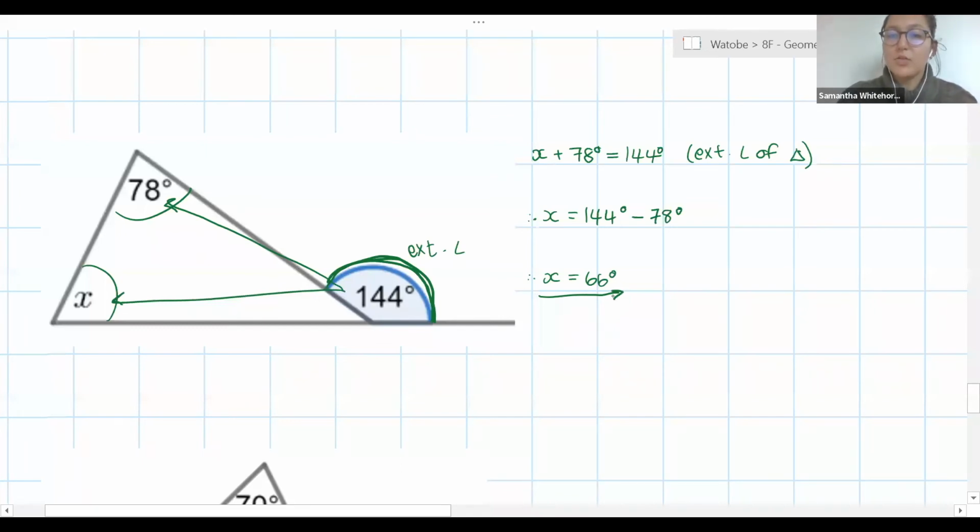Now remember, you can always double check yourself. If you put 66 back in there and you add 66 and 78, we want to get back to 144. And we do get back to 144. So we know we've done it correctly. All right, so remember those reasons. Remember that the exterior angle to a triangle is equal to the opposite interior angles. And so we can set up an equation to go and solve.